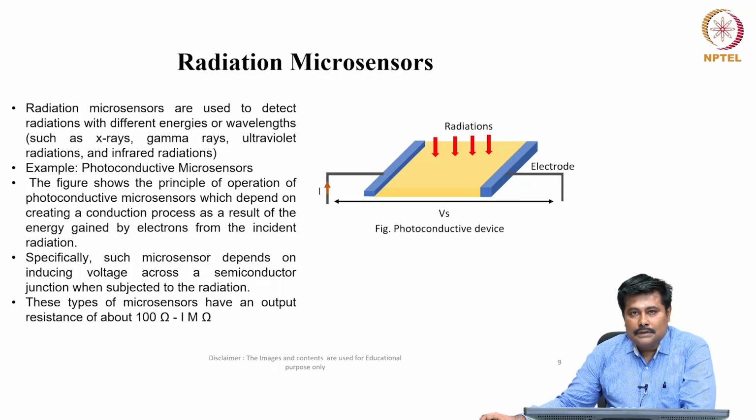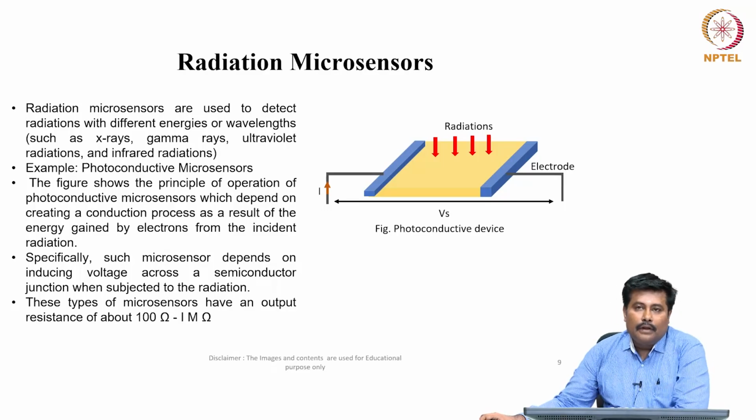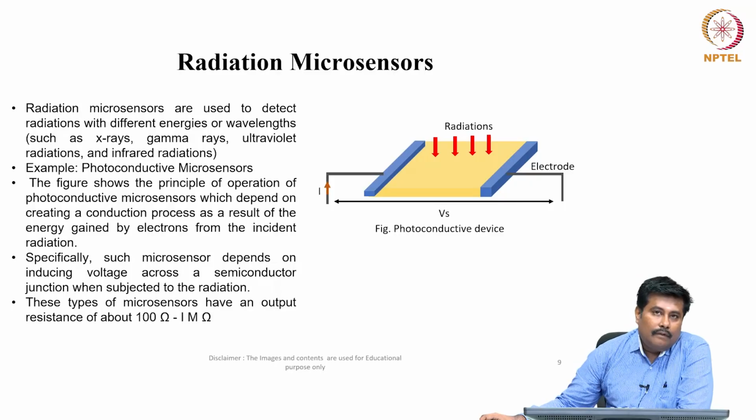Now, let us discuss the radiation microsensor. These radiation microsensors are used to detect radiation with different energies or wavelengths such as X-rays, gamma rays, ultraviolet radiations and infrared radiations. Example, a photoconductive microsensor.